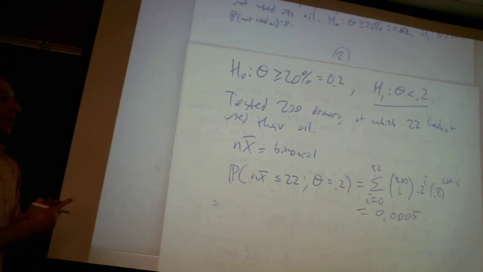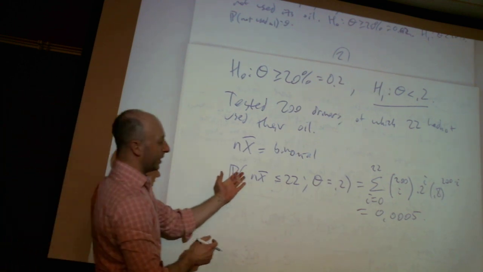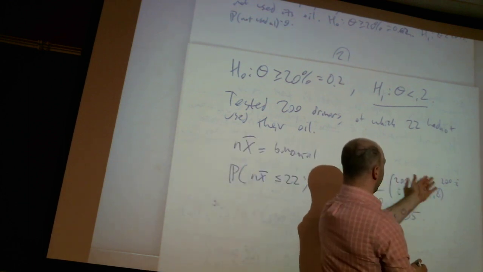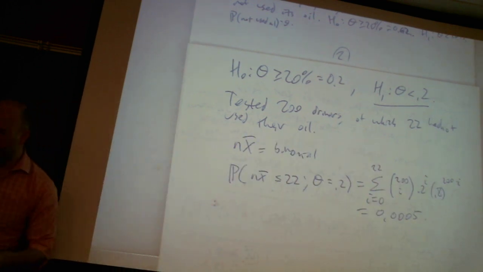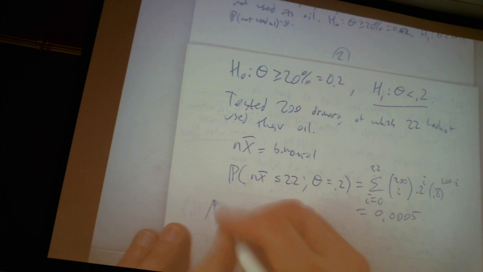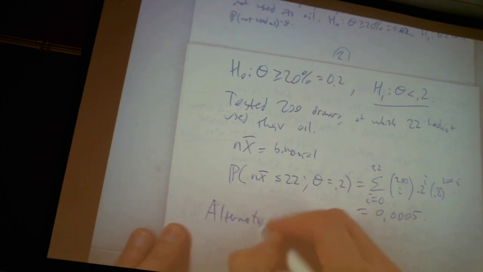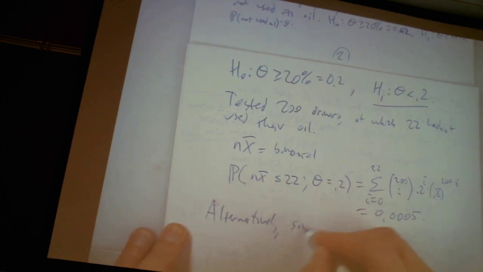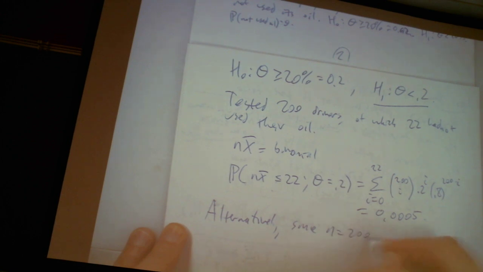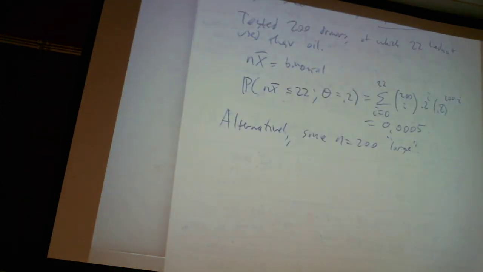Now let's see what would happen if we tested a Gaussian instead of a binomial probability. So alternatively, since n is 200, large-ish, and again historically people would call 30 large, we can do something else.